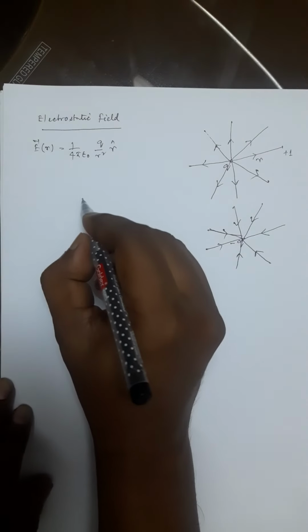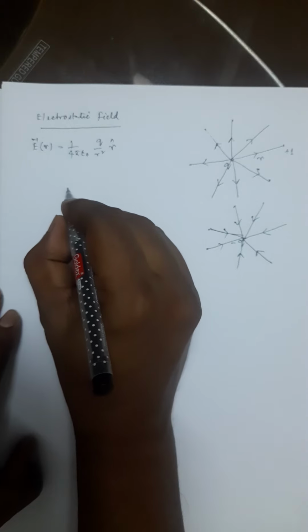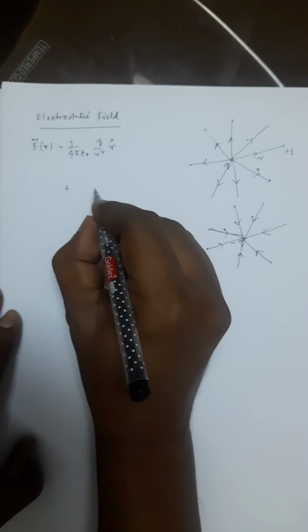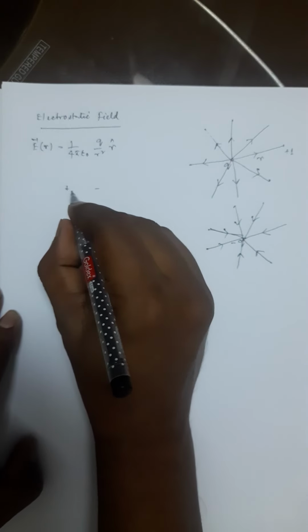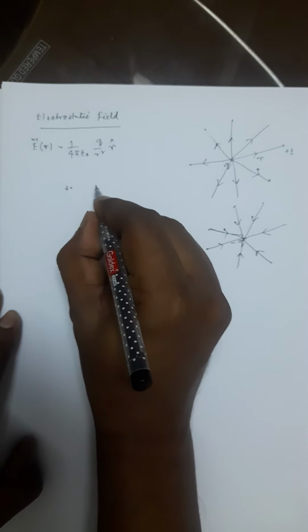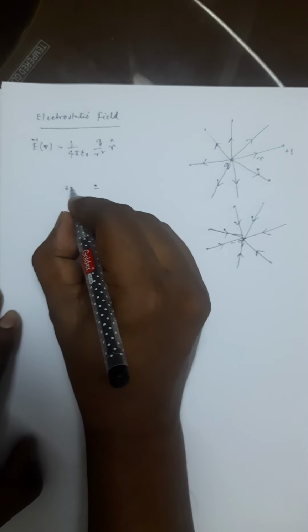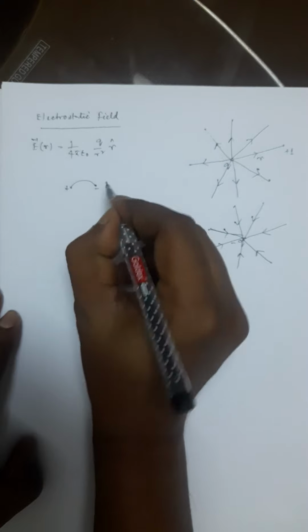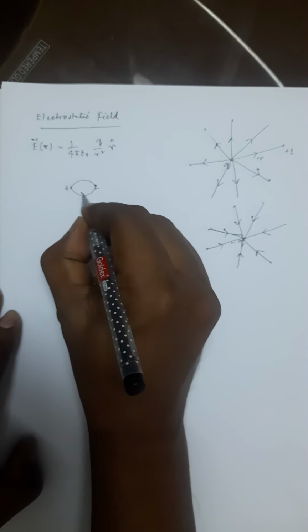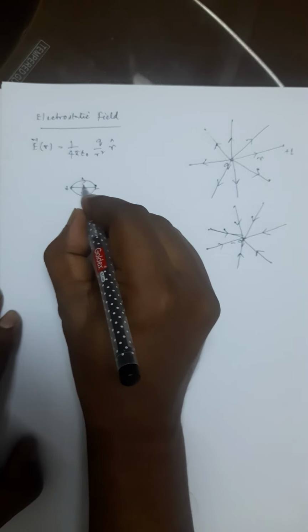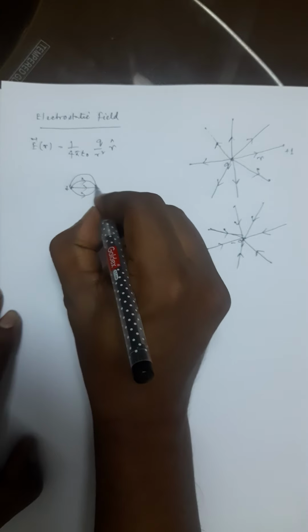And if we take two charges, one positive and another negative, separated by a small distance, we will get lines of force of this type. This is the case of the electric dipole.